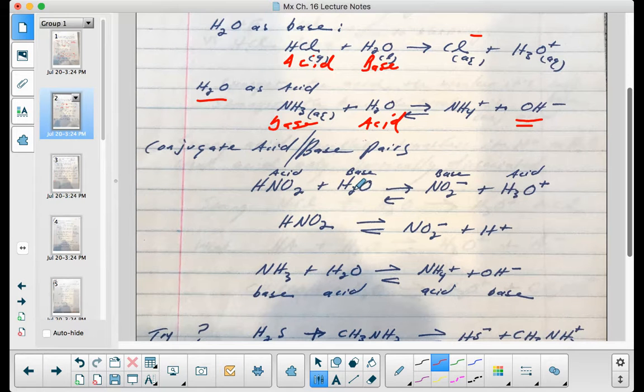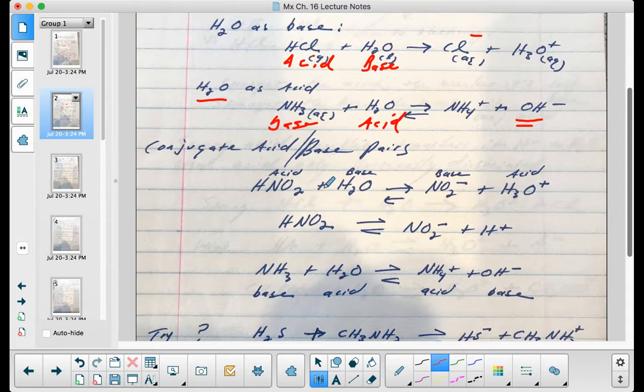In this pair, the water acts as the base, and then once the acid gives up its hydrogen ion to form the hydronium ion, it's going to switch character on the product side. So the NO2 ion that's left behind acts like a base, and the hydronium ion that was formed acts like an acid.